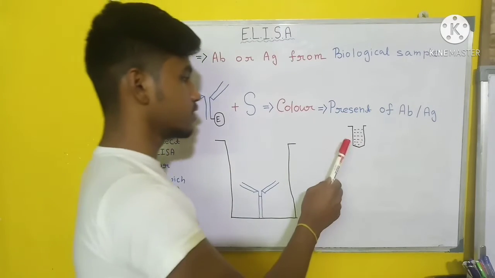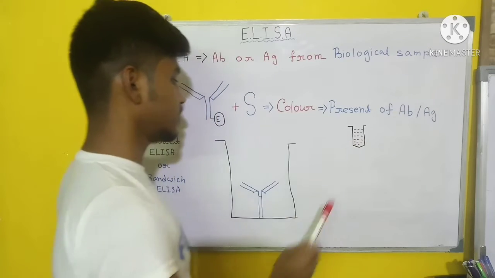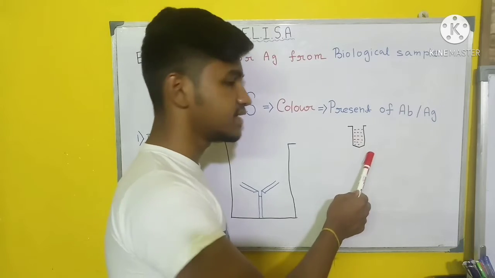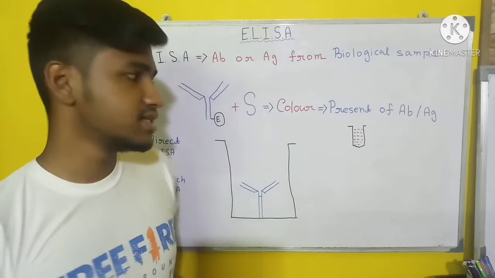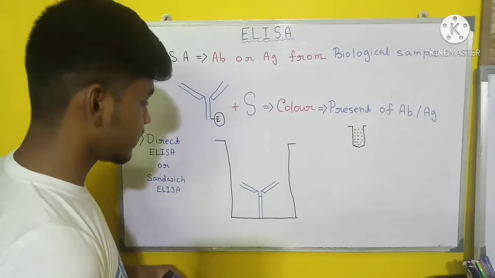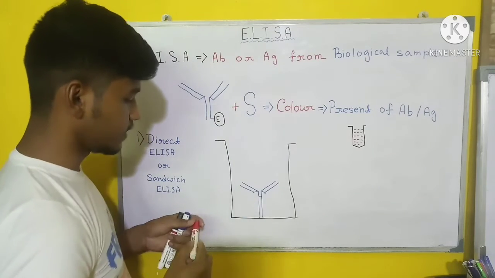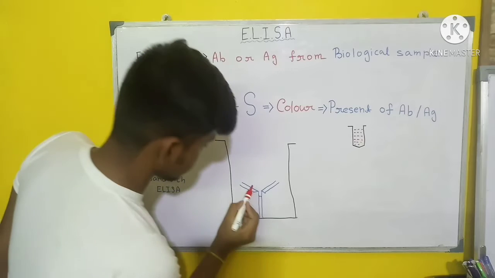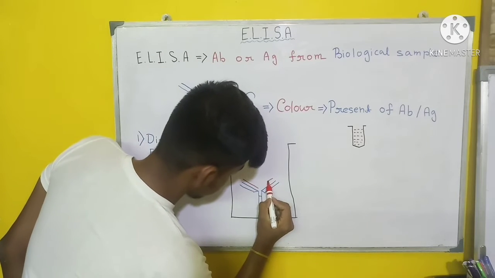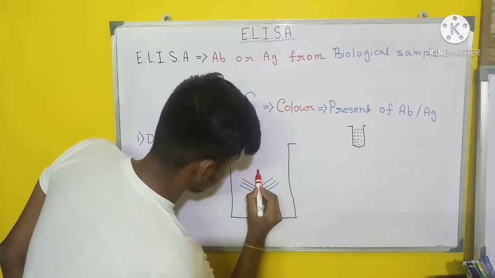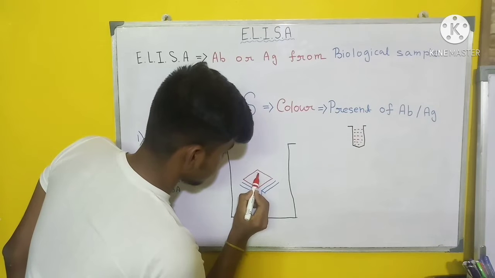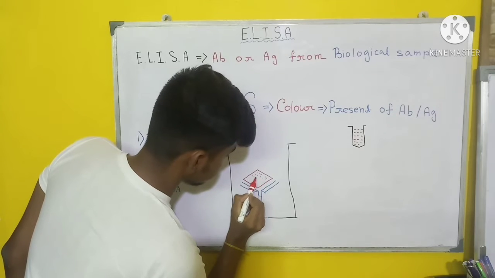When we add this serum sample in this well, the particular antigen which is present in the serum sample will attach with the surface antibody.